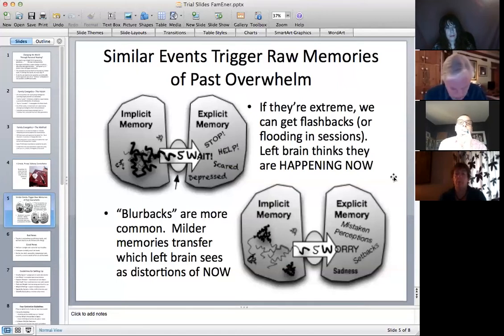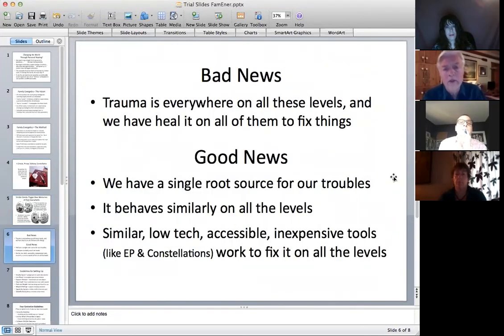And we're going now to, let's see, I think. So the bad news, trauma is everywhere on all these levels: organizational, ancestral, birth families, families of origin, and inner families. It's everywhere. It's bad news. The really good news is we got a single root source for all our troubles.